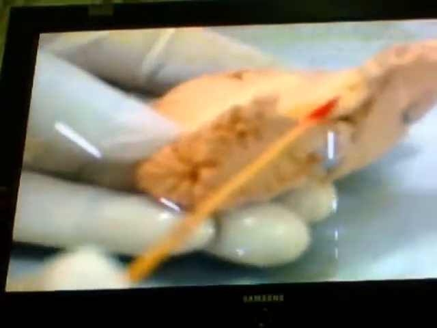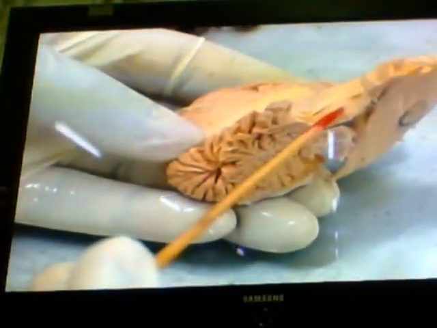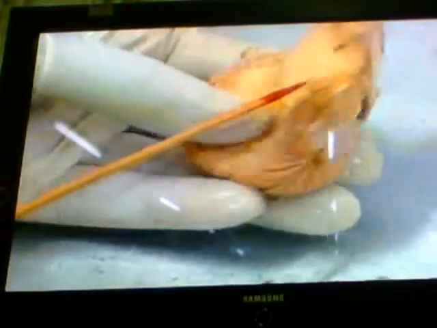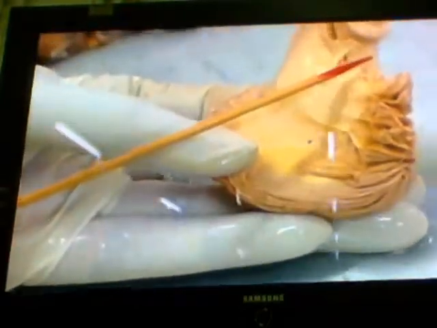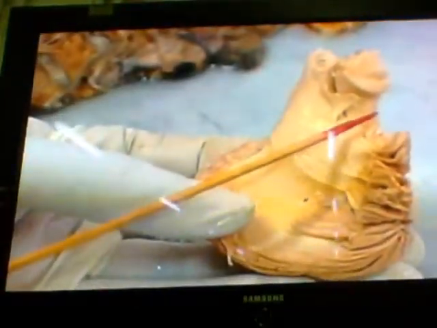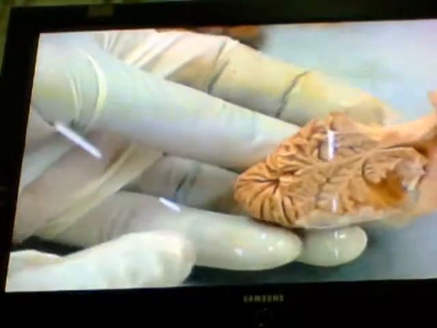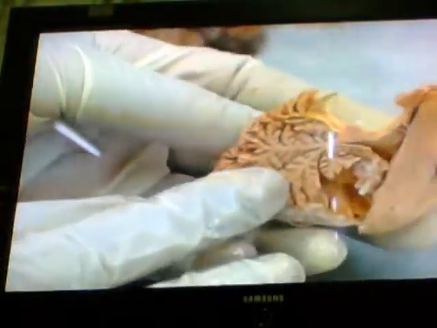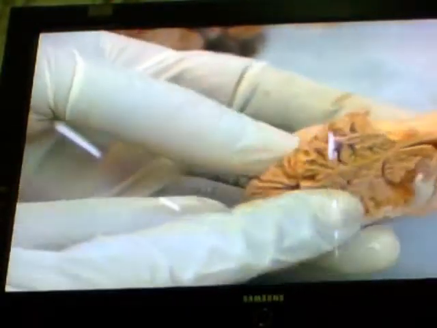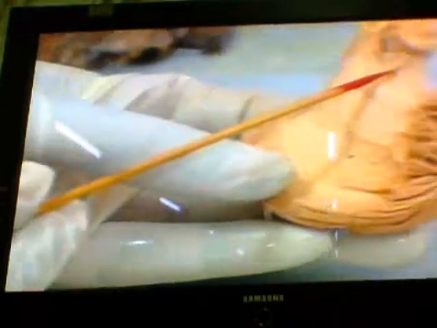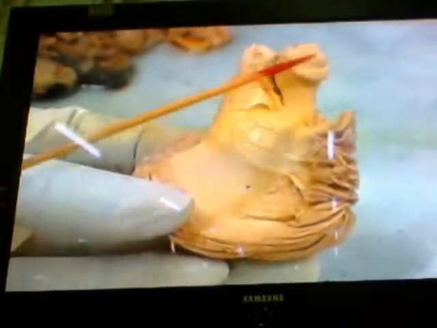What is this? Lingular. If you look at it, it's more than lingular, because this thing is going up to this thing here.